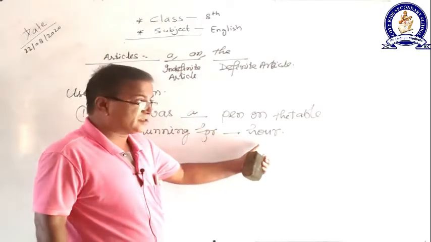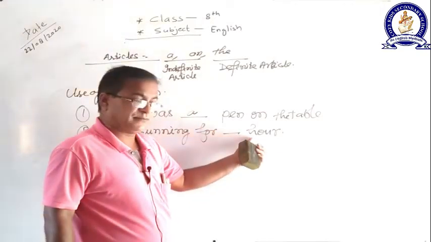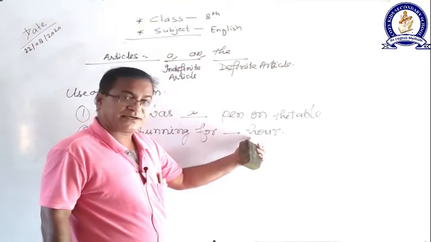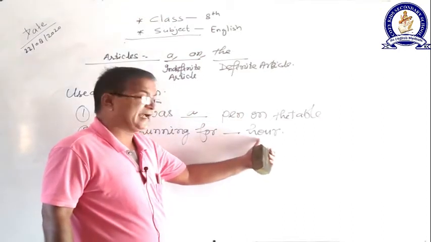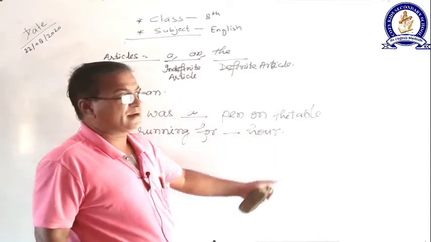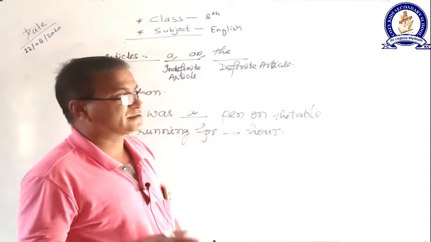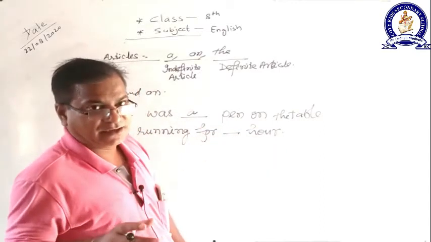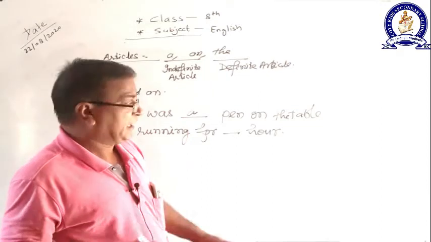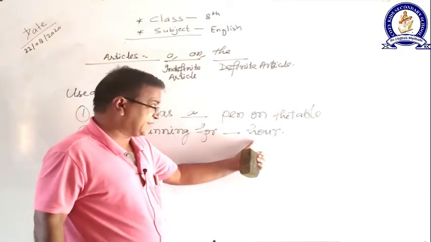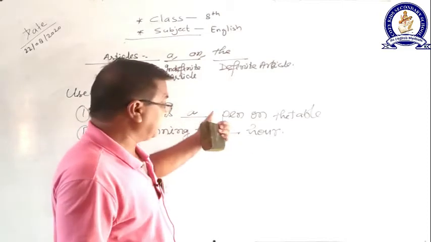It depends on the pronunciation. It's written as hour, but we are pronouncing it as our. The pronunciation starts with O. H is silent here. That's why which article will be applicable? An.